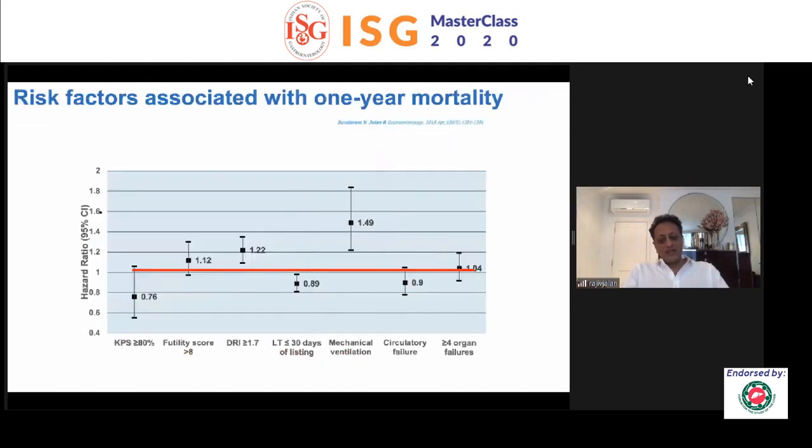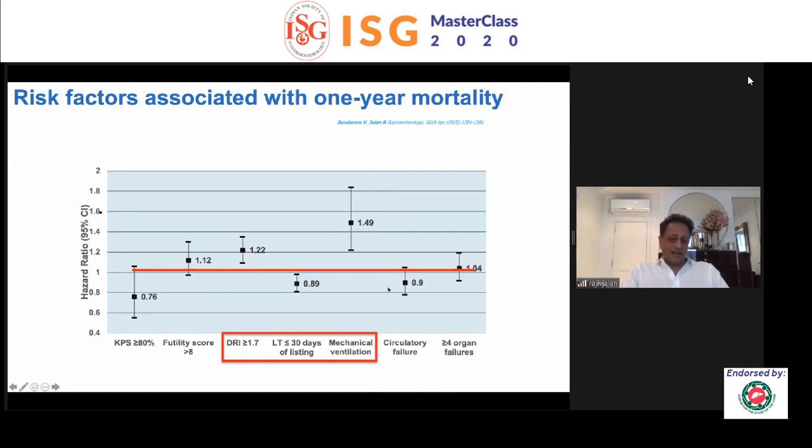And what is interesting here, when you look at a multivariate analysis, is that the things that define the risk of death are having to wait too long on the waiting list, using terrible organs with a very high DRI index, and mechanical ventilation.